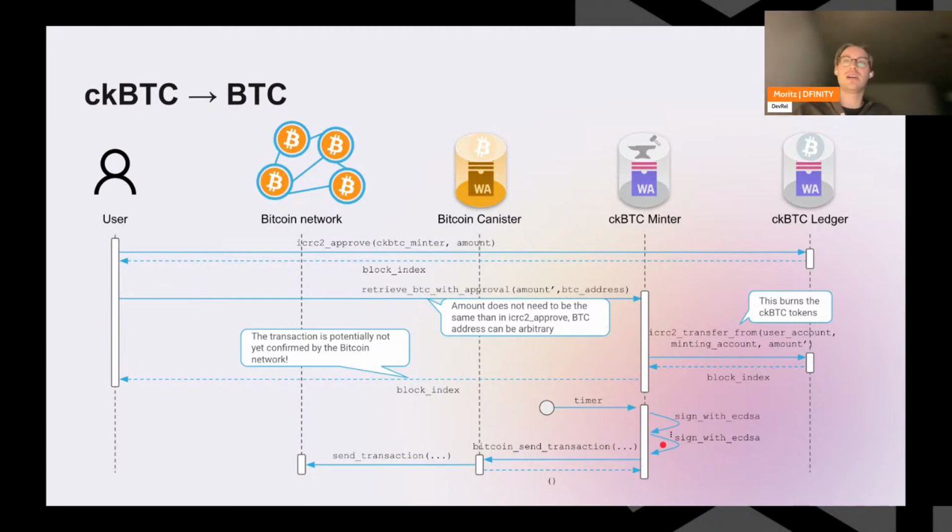And then it sees, okay, there are, I don't know, 20 guys now that want to withdraw their Bitcoin again. And then it creates this single transaction because all the UTXOs are under its control. It signs all of the UTXOs with the sign_with_ECDSA function, or with a threshold signature. And then it takes the transaction and sends it. And then on the Bitcoin network, the user receives their Bitcoin.